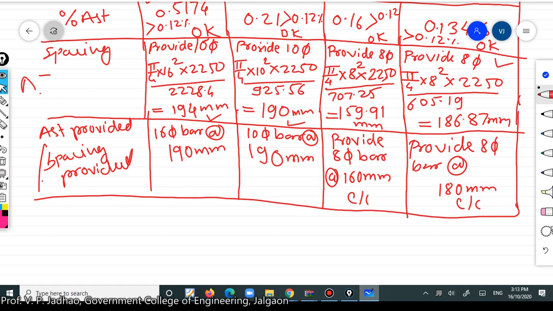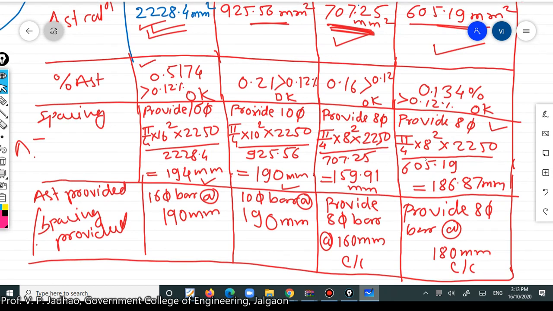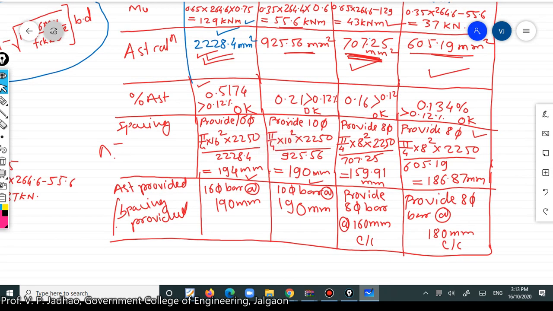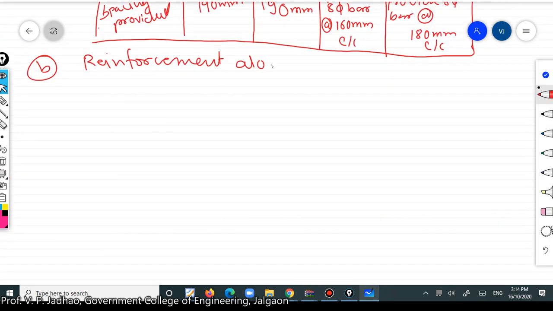Okay, the tabular format is easier for calculation also. Okay, let us consider this step B, that is reinforcement along shorter direction.